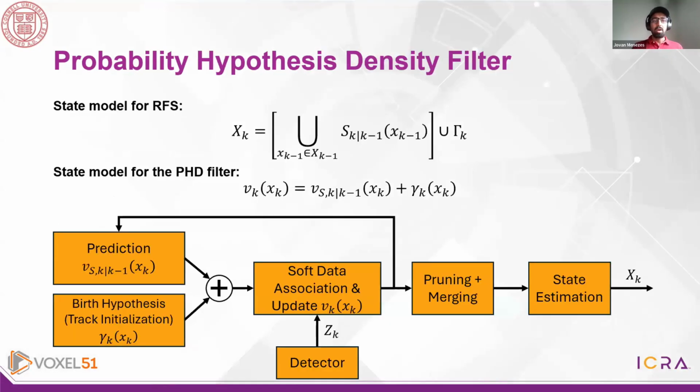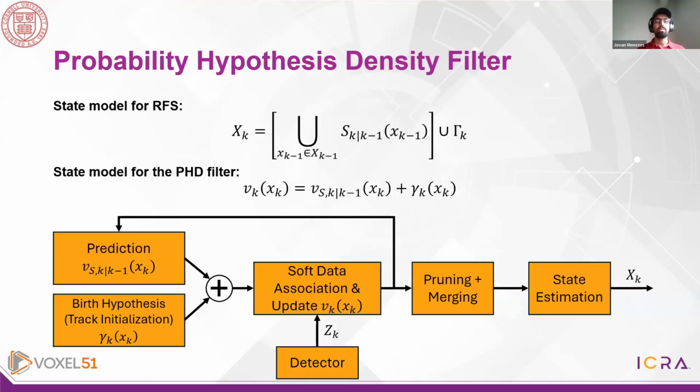So how the PHD filter essentially works is, in RFS, we have the state X_k shown over here, which is a set combined of two subsets. One is the set of targets that have survived from the previous time step, and the set Gamma_k, which represents new targets which have just entered into the scene.